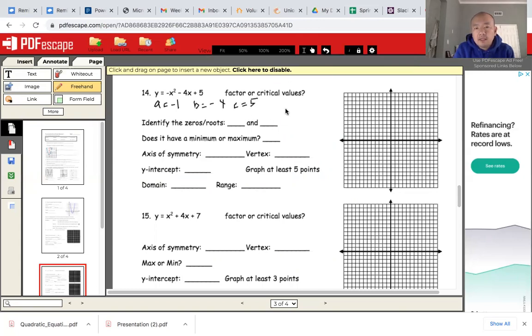I'm going to plug it into the quadratic formula: negative b plus or minus the square root of b squared minus 4ac, all over 2a.